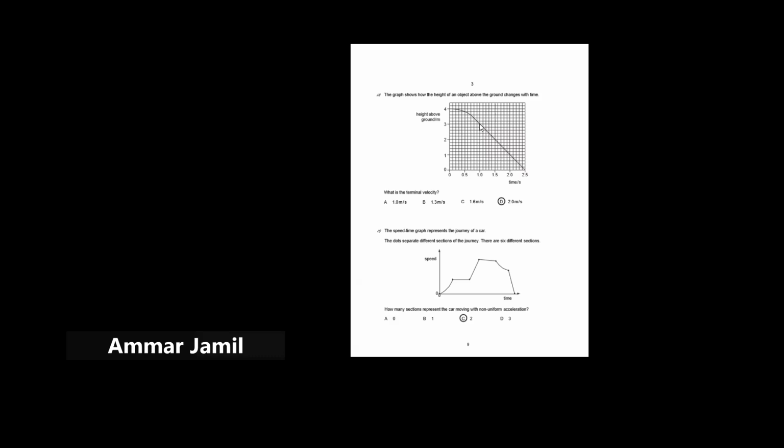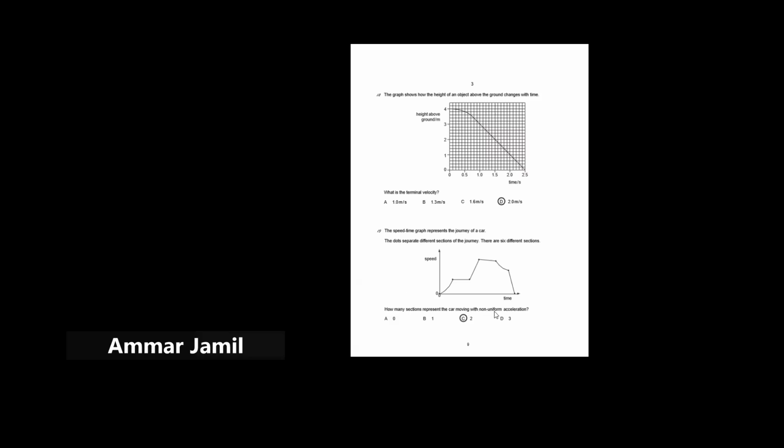At 1 second, it is at 3 meters, and at 2 seconds is at 1 meter. So from 3 to 1 meter, it has decreased 2 meters. So 2 meters divided by 1 second gives you 2 meters per second speed.